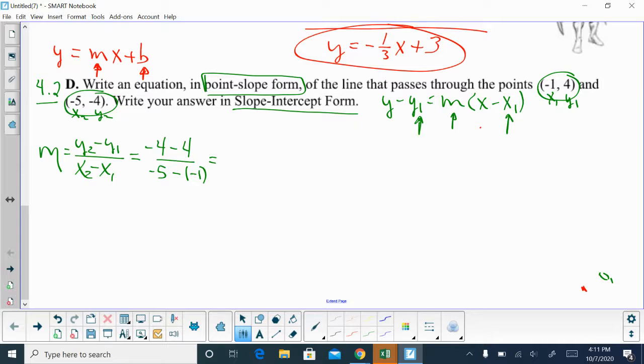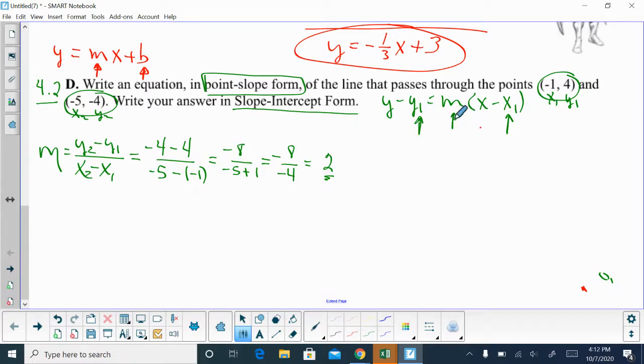Negative 4 and negative 4 is a negative 8. Negative 5 minus a negative, so we've got 2 negatives like that become positive. One more step, actually 2. So I now have negative 8 divided by negative 4, a negative divided by a negative. In this case, we're going to have a positive 2 for our slope.